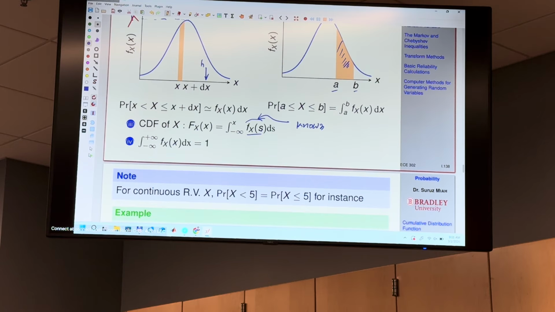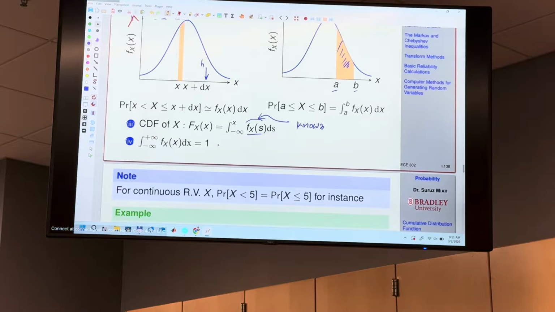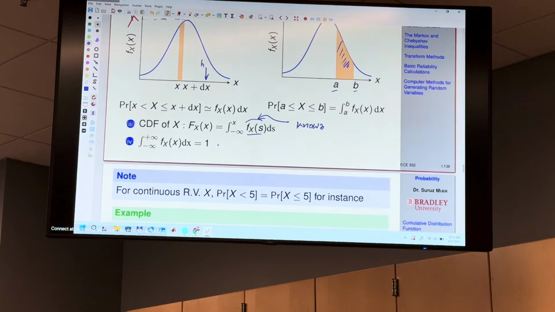I did not put x inside because x is the upper limit of this integration, so therefore I have s as the integration variable.